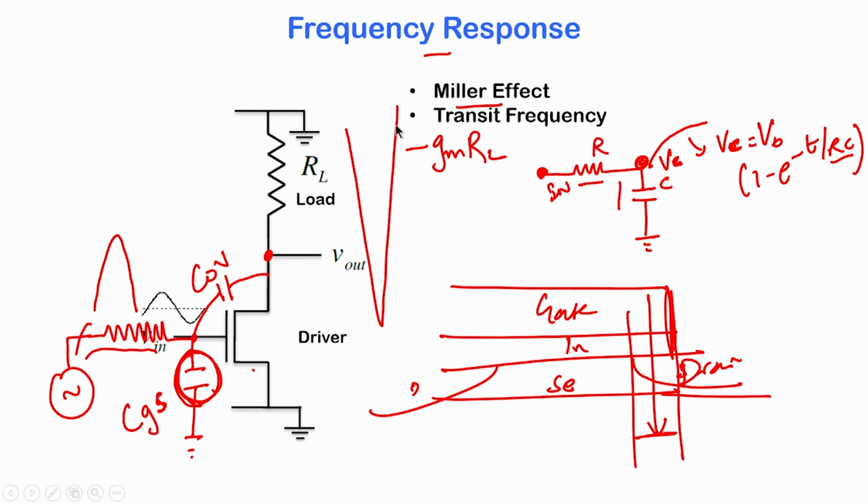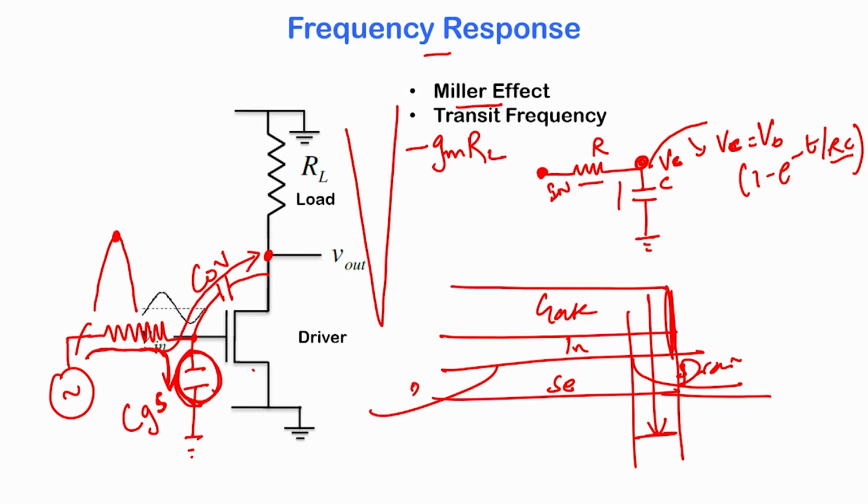So, what is the current driven by the sensor? At this point it is all AC signal, so all the capacitors are going to sink current in, it is all C dV by dt. So, at this point you have a current through this and you also have a current through this overlap capacitor.